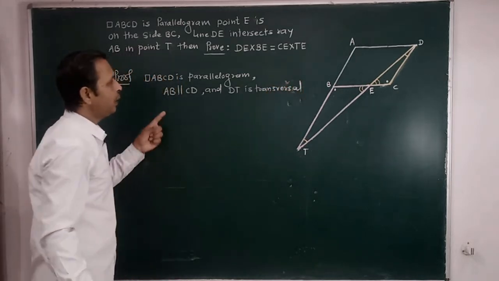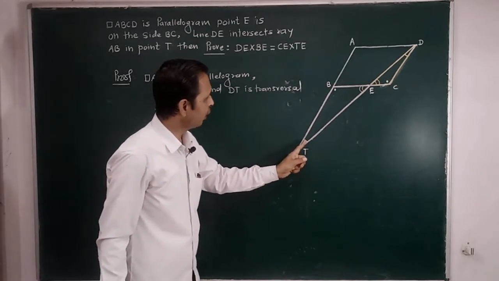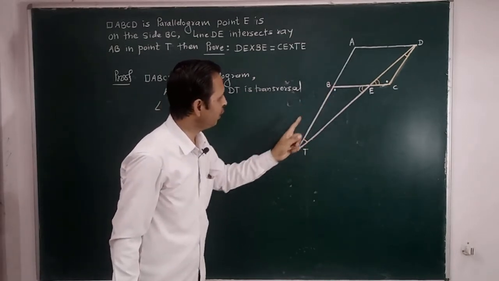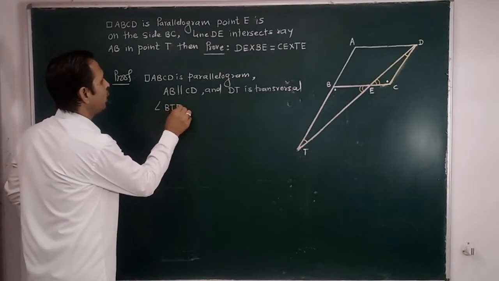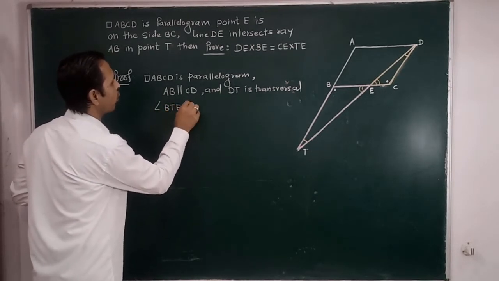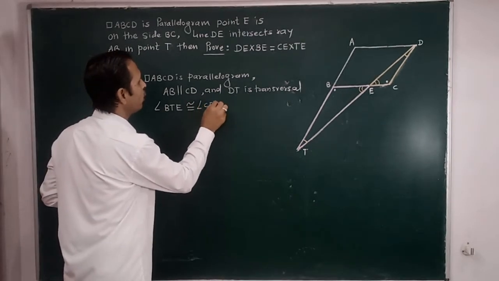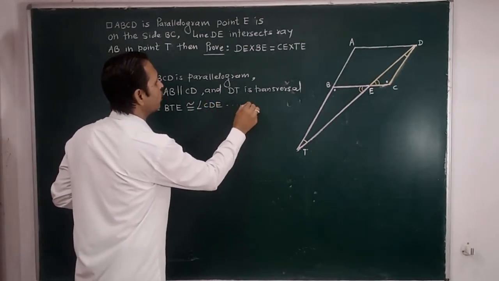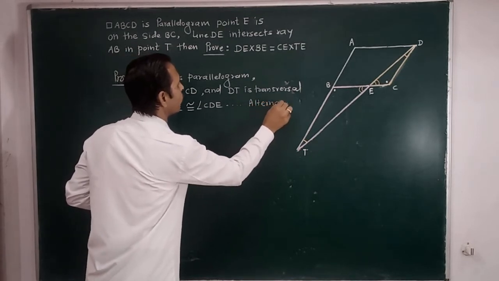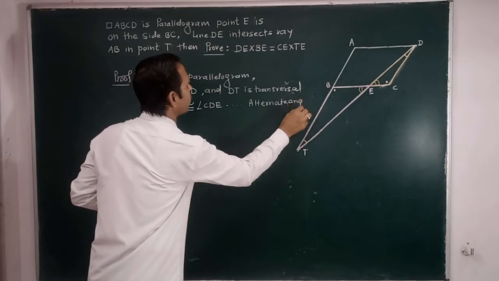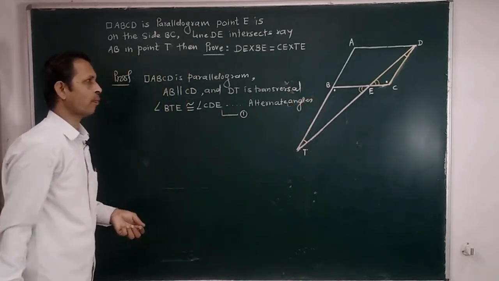If we take DT as a transversal, then which angles are congruent? Angle BTE is congruent with angle CDE, that is, alternate angles. And this is statement number 1.